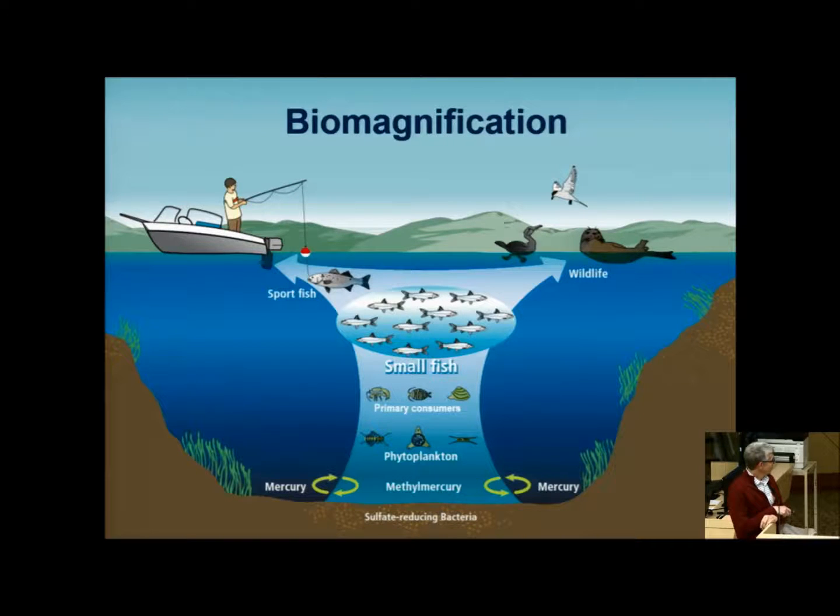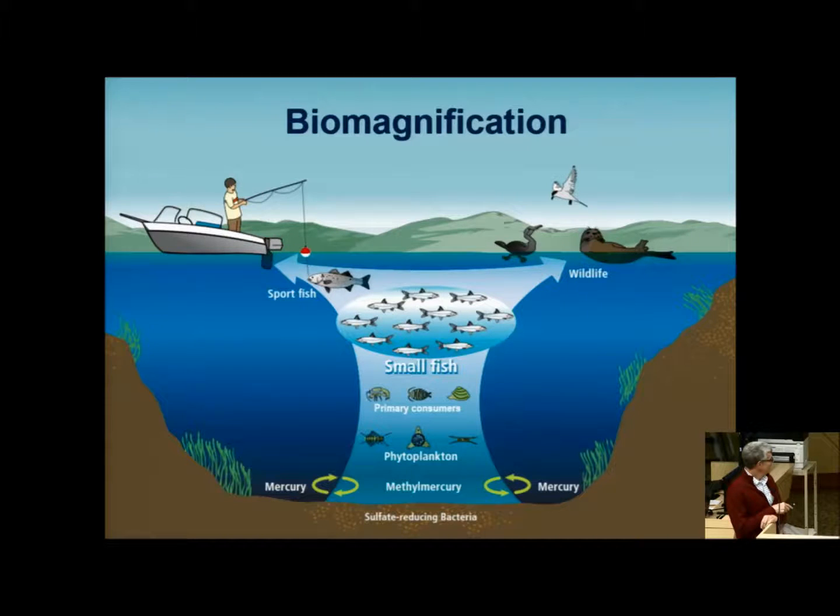And mercury, as an example of biomagnification, works its way up through the food chain, starting in sediment, primarily in anoxic areas in sediment where mercury is converted to methylmercury. And methylmercury is the form that is highly bioaccumulative and highly toxic. It's rapidly accumulated, very strongly accumulated by phytoplankton.